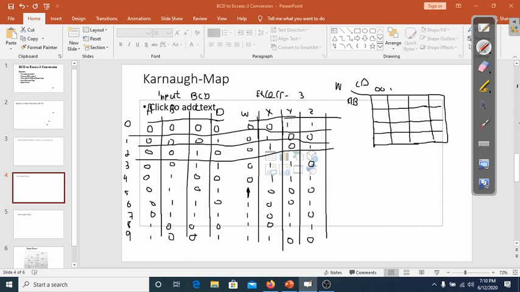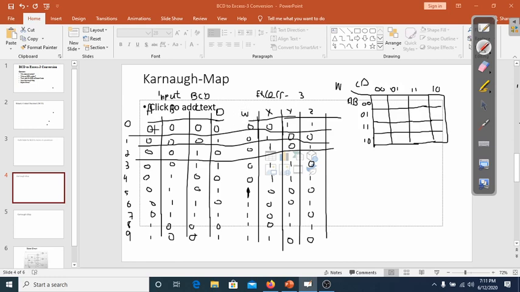Here I will use C prime D. Then I cannot change the least significant bit, I can change this bit. The next is C D, then C D prime. So the order is 0 0, then 0 1, then 1 1 and 1 0.